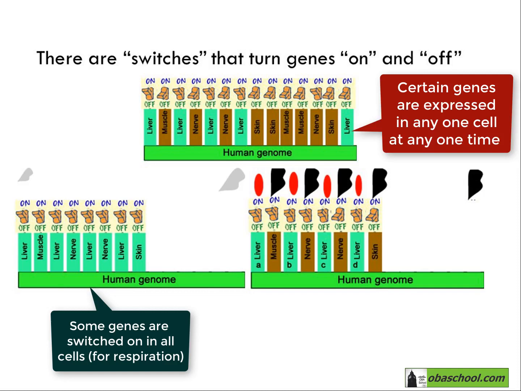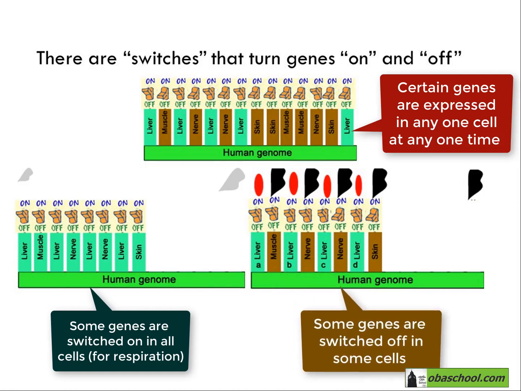So these genes are always switched on. Other genes are permanently not expressed or switched off, such as the gene for insulin in cells in the small intestine. And this is how the expression of genes is controlled.